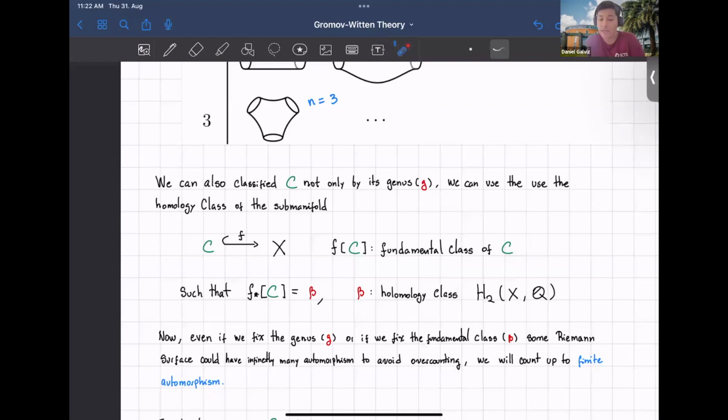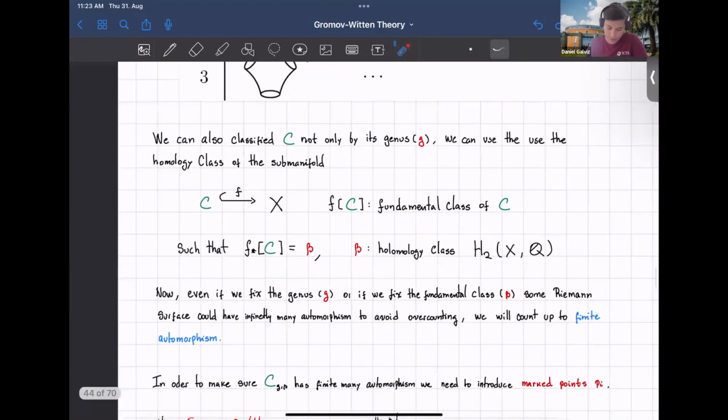Our equivalence relation in this case will be finite automorphisms. So when you count up to finite automorphisms, then you are not overcounting, because you are considering just one type of these Riemann surfaces.